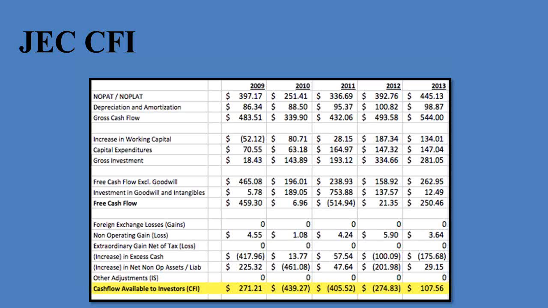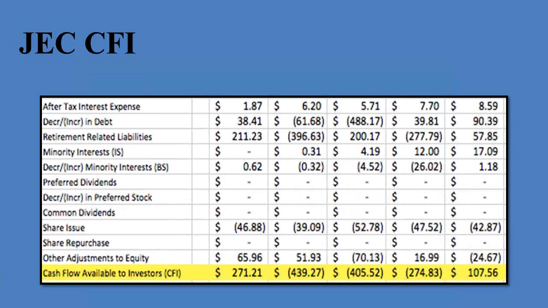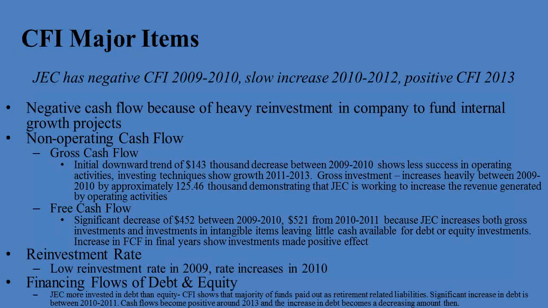So they're currently withholding their money from their investors to prepare for the growth in the future. And so we see this on the other side of the equation. They're increasing their debt liabilities and withholding retirement liabilities to finance these investments within their company.